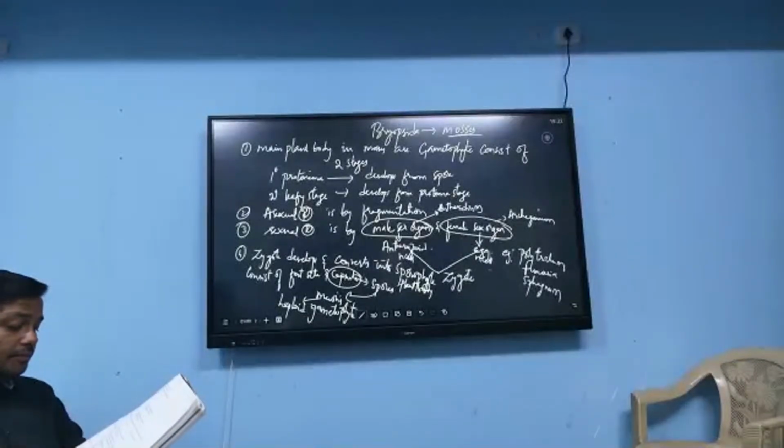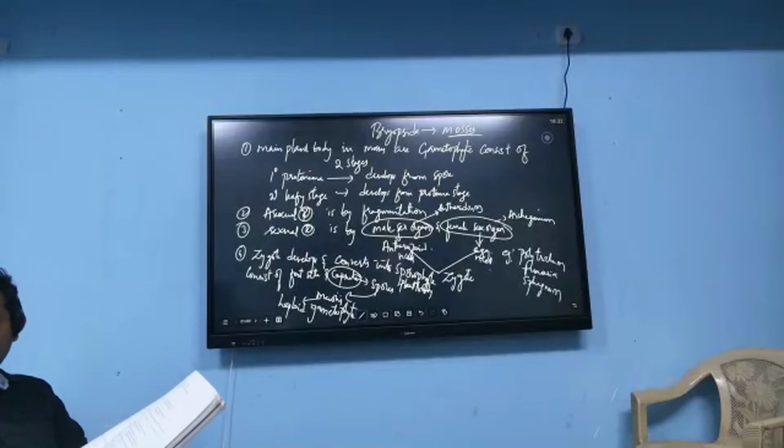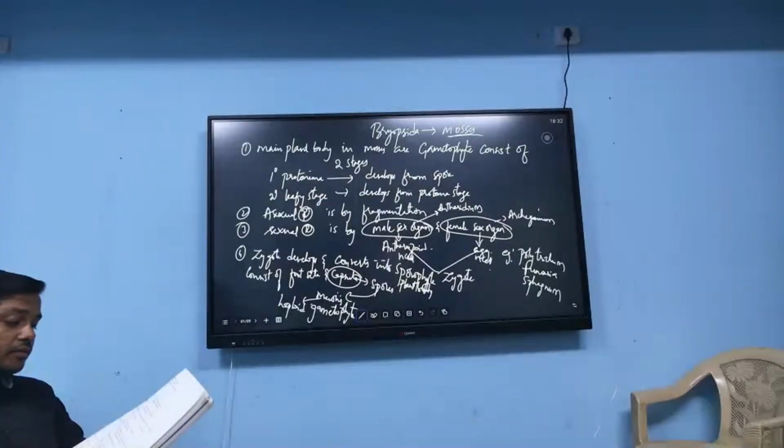A. Presence of archegonia. B. Produces cones or strobili. C. Motile antherozoid.